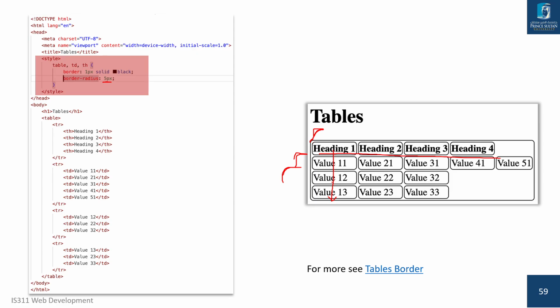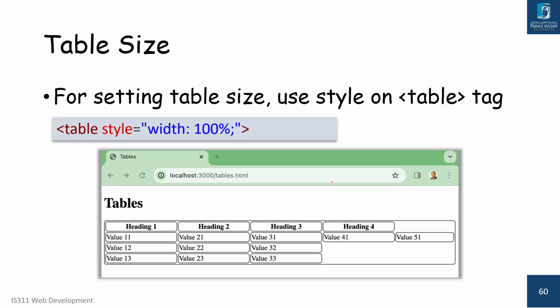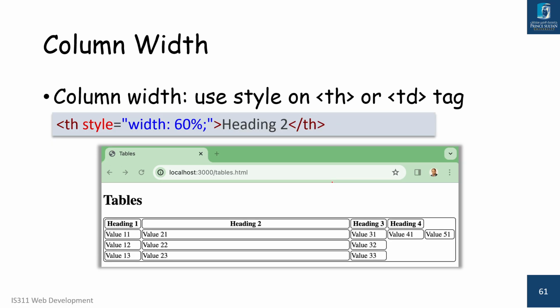Okay, that's what we are done. So then we also apply the widths. When we say style width is equal to 100%, it means it will try to cover the whole width of the screen, the whole width of the page, and make it as big as possible. And then we can also apply the width on each individual heading or individual cell as well.